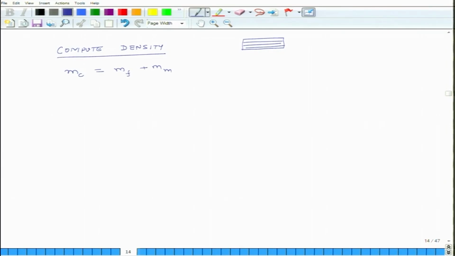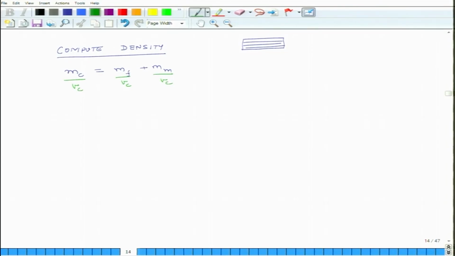Okay. So, what we do is we now divide this entire equation by the volume of the composite. So, we divide the entire thing by Vc.